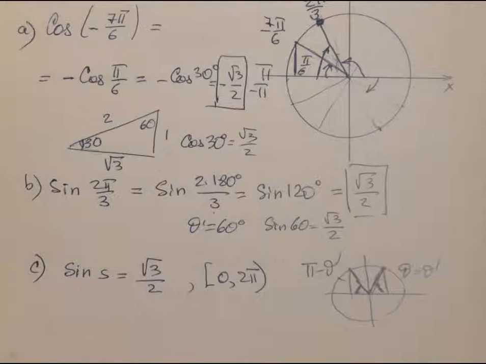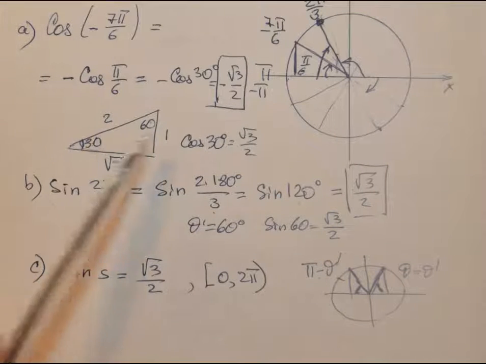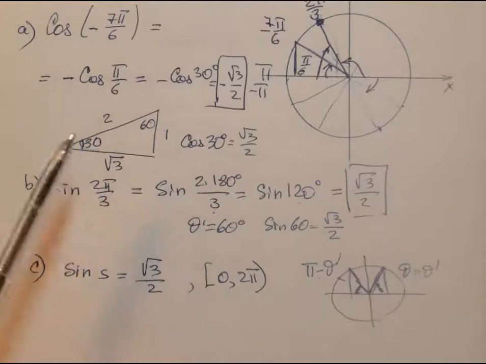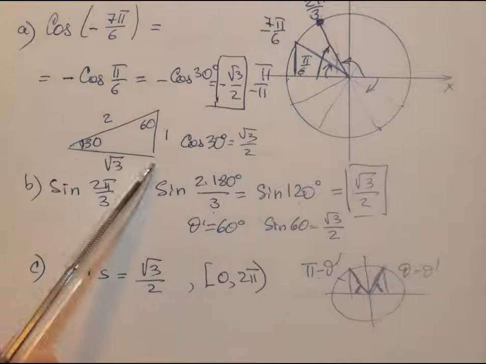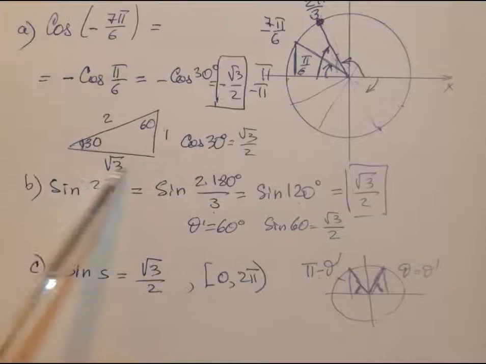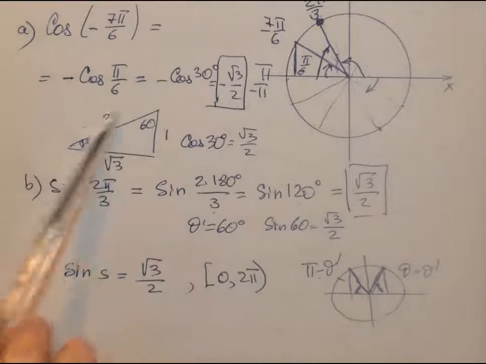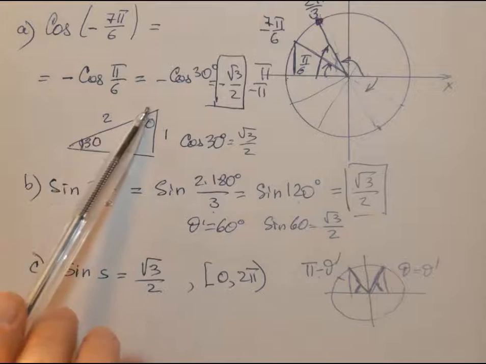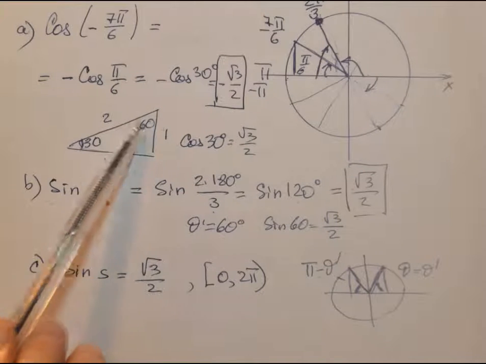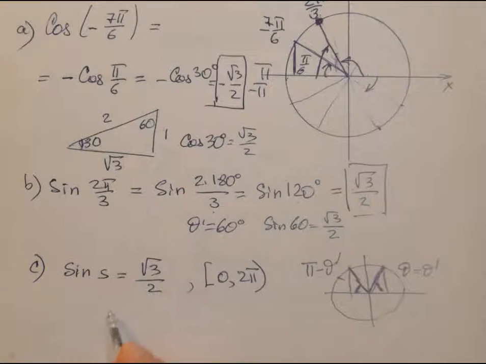We must find the angle that has sine function value equal to square root of 3 over 2. You remember already it is one of these special angles, 30 or 60. Sine is the opposite over hypotenuse. So if you look at this 30-60 triangle, you will see that opposite over hypotenuse equals square root of 3 over 2 for the 60 degrees angle. So if it were an angle, it was 60 degrees.